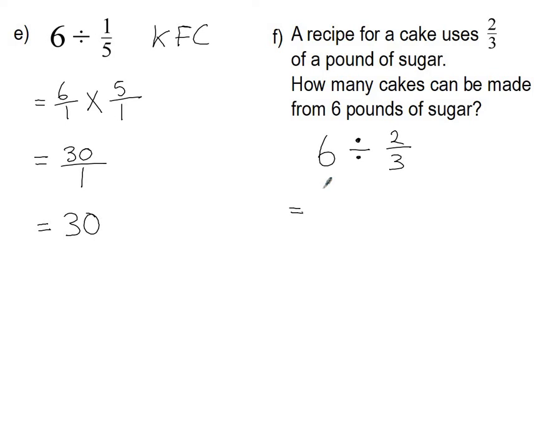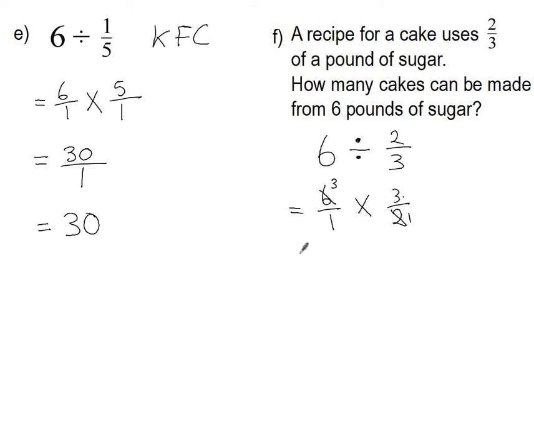So you'll have, writing this 6 as 6 over 1, keep that the same, flip that second fraction, and then change the divide sign to a times sign. Look to see if you can cross cancel. What goes into 6 and 2? 2, so 2 goes into 6 3 times, 2 goes into 2 once. Does anything go into 1 and 3?